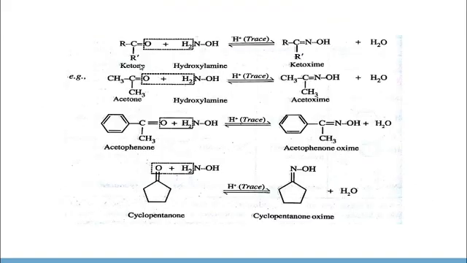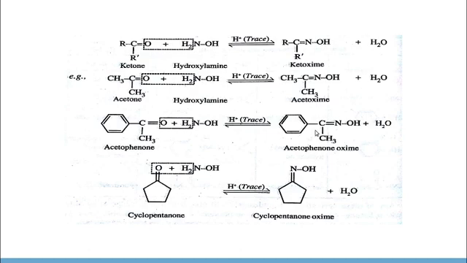Here we have the condensation reactions of ketones with hydroxylamine. We will get ketoximes, with the elimination of a water molecule. Example, acetone on treating with hydroxylamine, we will get acetoxime. Another example, acetophenone, which on treating with hydroxylamine in the presence of acid, we will get acetophenone oxime.